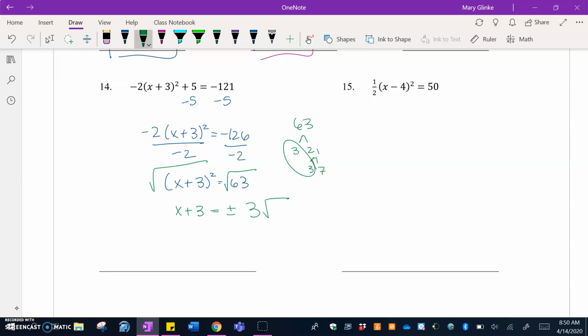There's a pair of 3s that come out, and a 7 that remains inside. We're going to move the positive 3 to the other side, and we get negative 3 plus and minus 3 root 7.